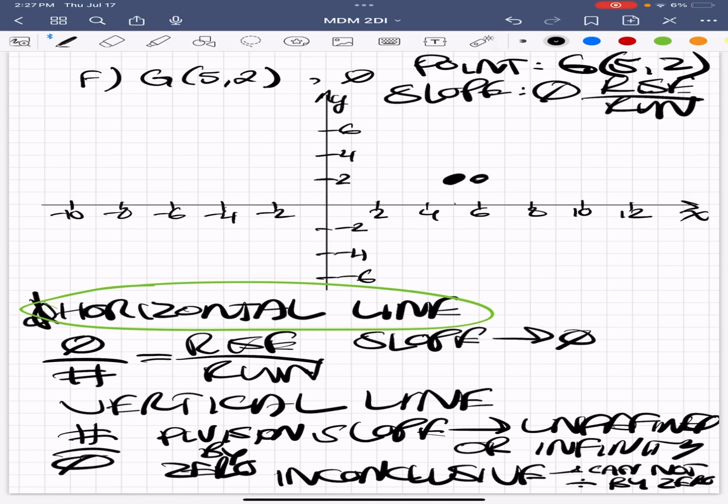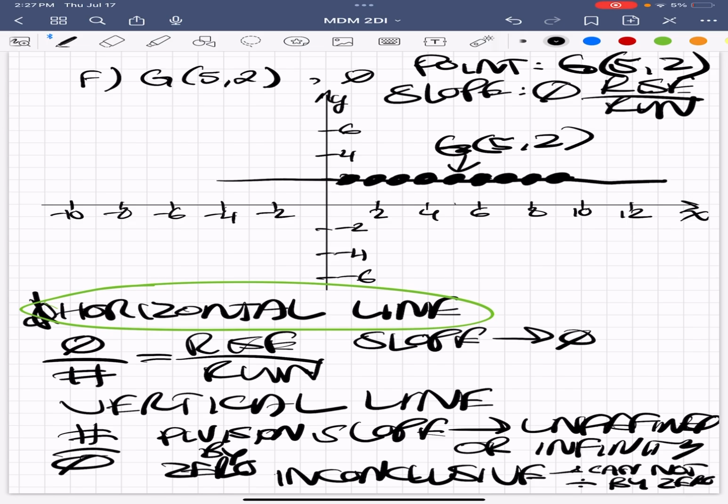And so it's just a horizontal line. We have G 5, 2 right there, and it continues there, like so.